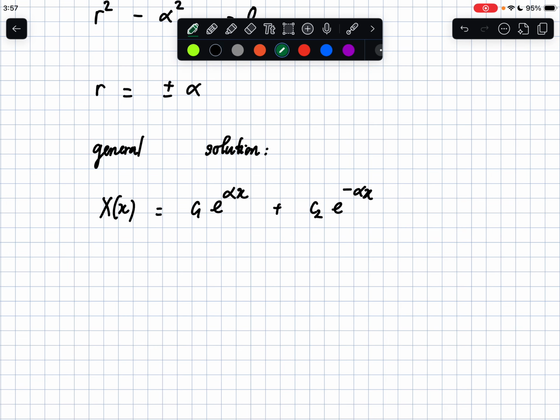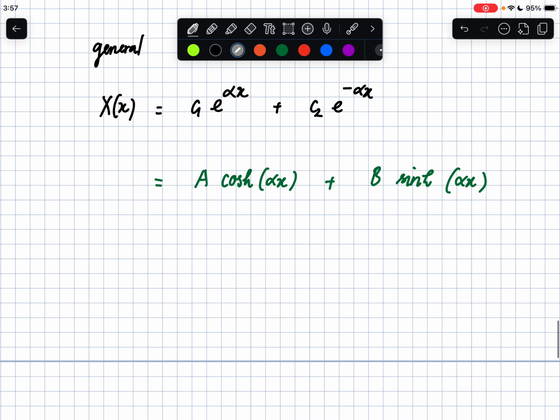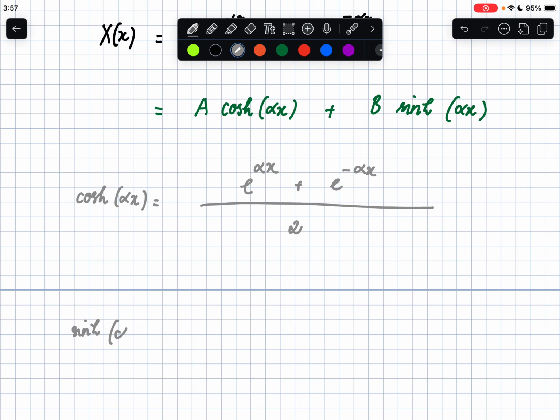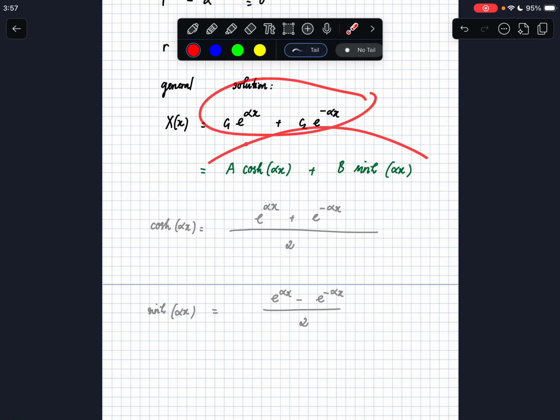We can also write it as, say, a constant A times cosh alpha x plus B sinh alpha x, because we recall that cosh alpha x is exponential alpha x plus e minus alpha x divided by 2, and sinh alpha x is e alpha x minus e minus alpha x over 2. So you can either write this one or this one.